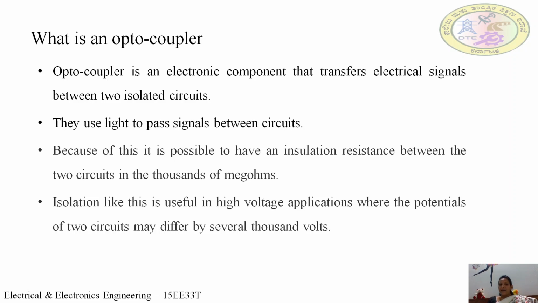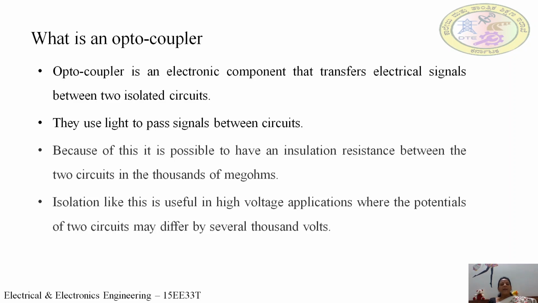Because of this, it is possible to have an insulation resistance between two circuits in the thousands of mega ohms. Isolation like this is very useful in high voltage applications where the potentials of two circuits may vary by several thousand volts.